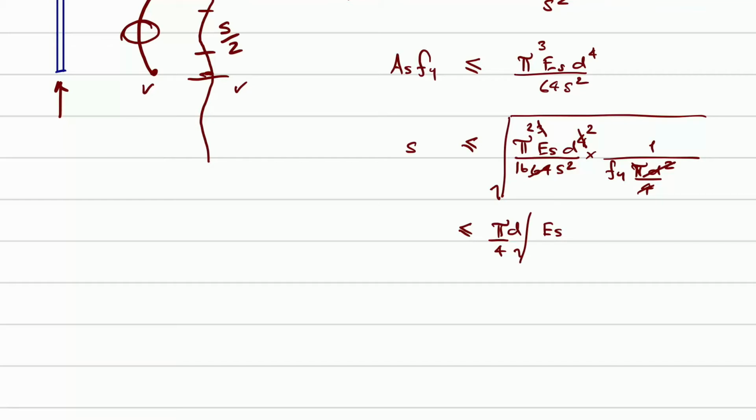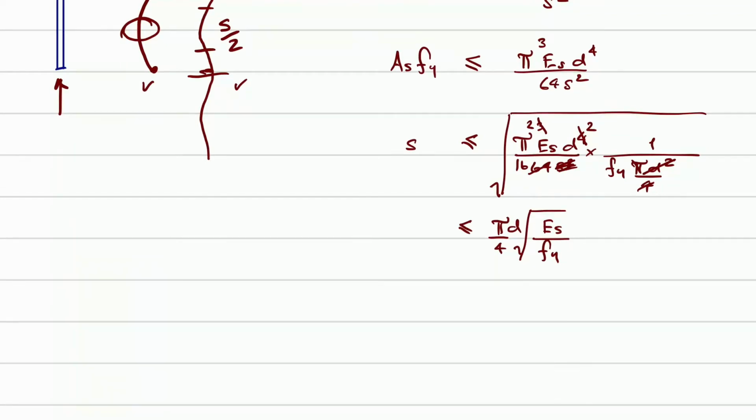S square was on that side, it shouldn't be here. What else? Fy, is that it? I think that's all. Es, same unit, can normalize, right? So Es is 200 GPa.